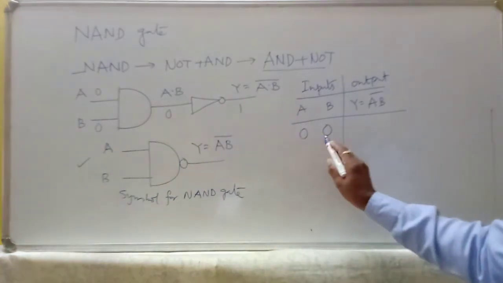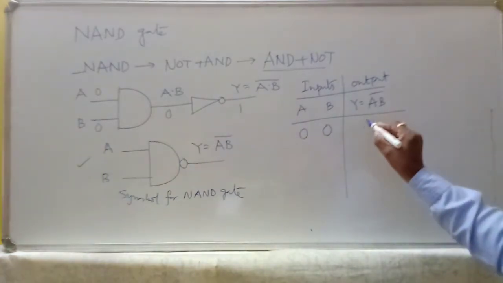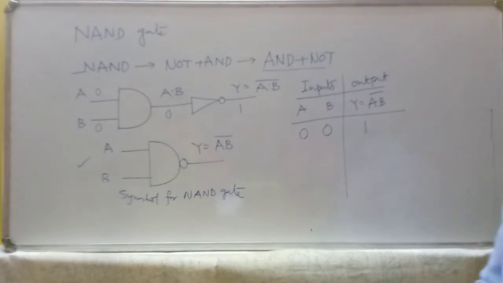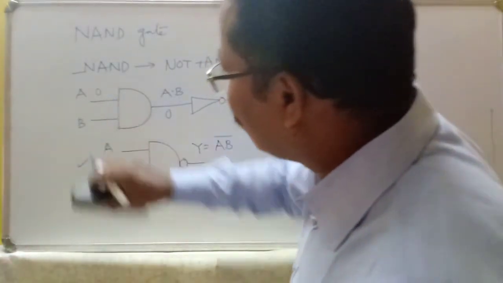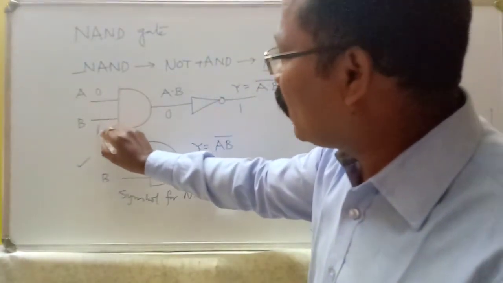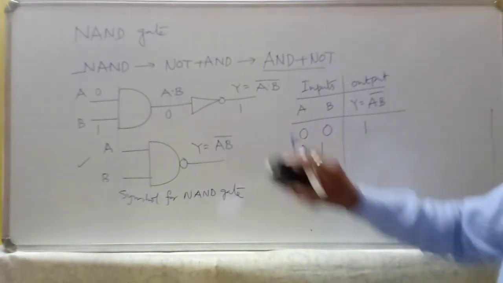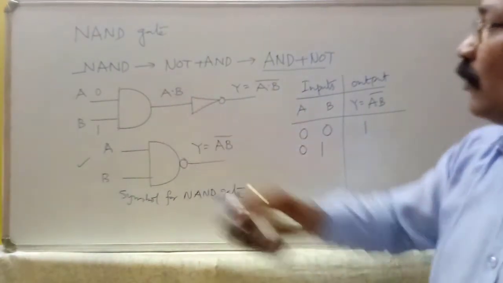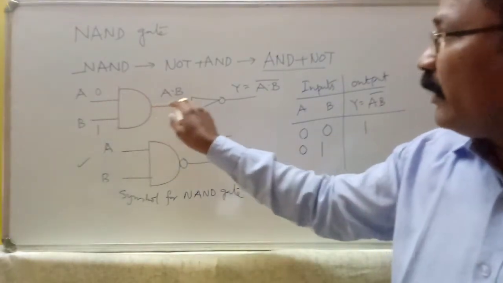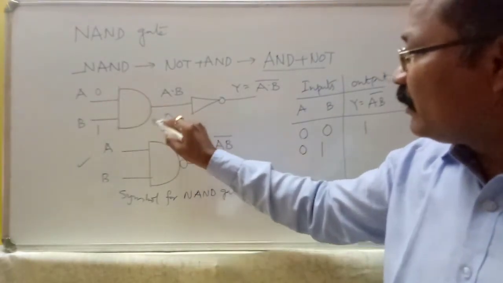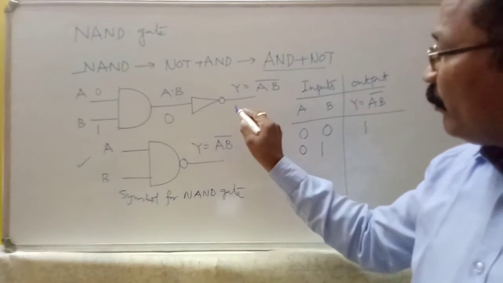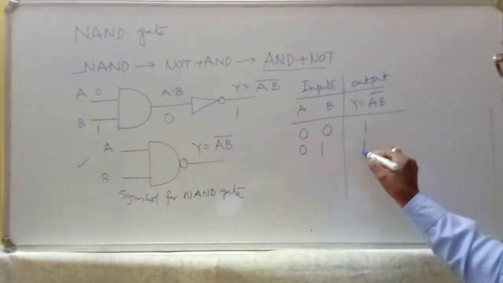Hence, when both the inputs are 0 and 0, the output AB complement is equal to 1. Now, if input A is 0 and B is 1, then A into B, 0 into 1, is nothing but 0. 0's complement is 1. So the output is 1.